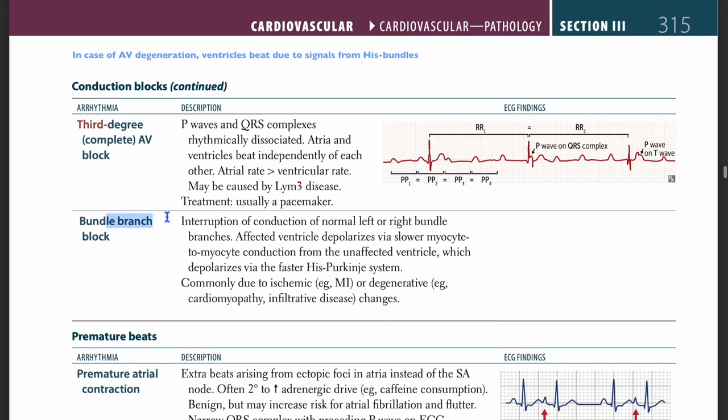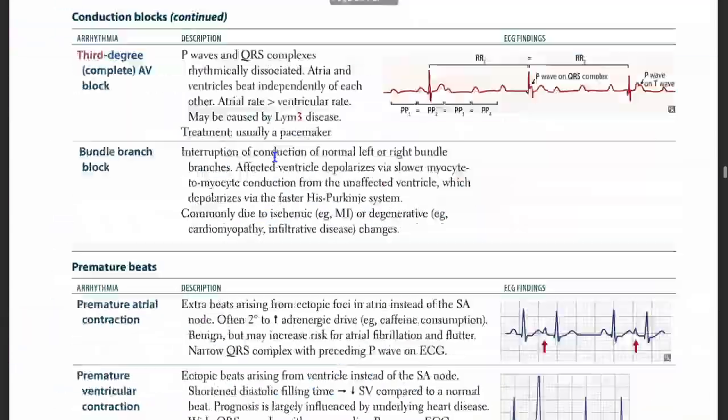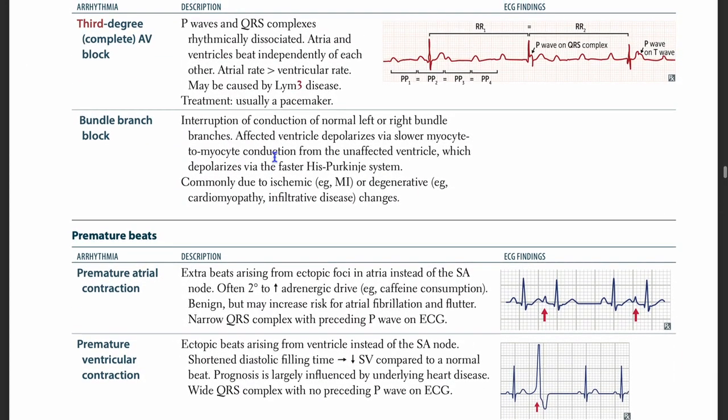Then you can have bundle branch block. Remember, like in the heart, it goes to bundle branches. Interruption of conduction of normal left or right bundle branches, the fascicles. Affected ventricle depolarizes via slower myocyte to myocyte conduction from unaffected ventricle, which depolarizes via the faster His-Purkinje system.